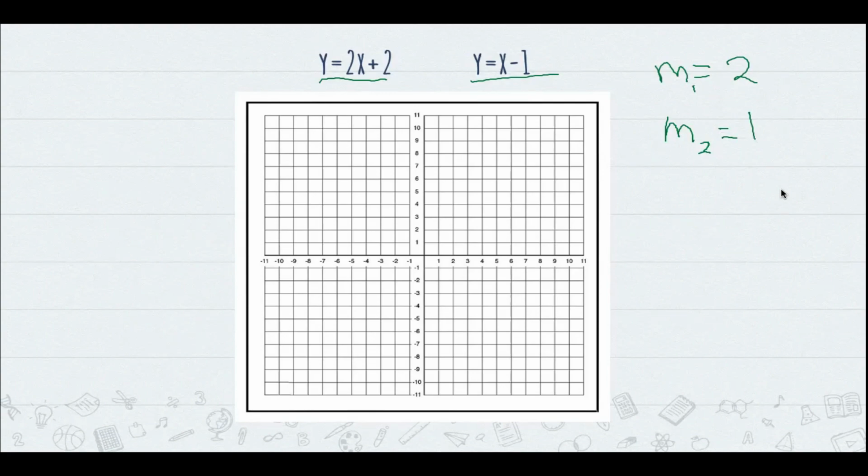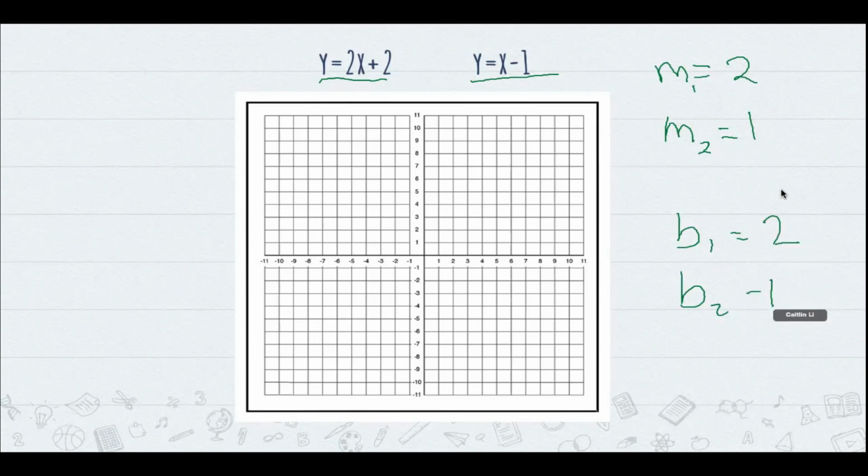And then our y-intercepts, our b's, we have 2 for our first equation. And for our second equation, we have a -1.